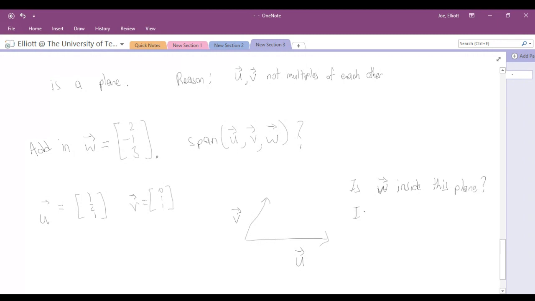If so, then it would not contribute an extra dimension, so the span of u, v, and w would remain the same plane formed by u and v. That's if w is inside of the plane.